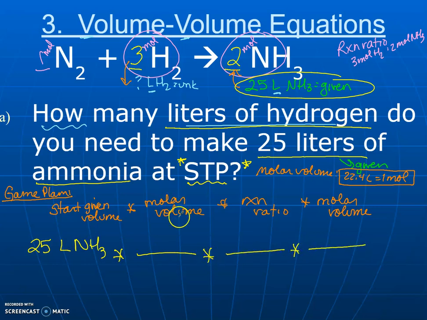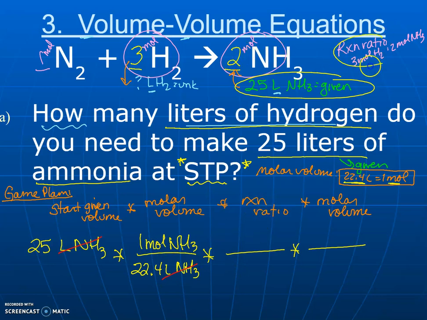Set up your 3 conversion factors that we have been doing since the beginning of the year. Molar volume is 22.4 liters per 1 mole. So if I'm starting with liters, I put 22.4 liters on the bottom and 1 mole up top. That means that liters and liters cancel out. Next, we have our reaction ratio.